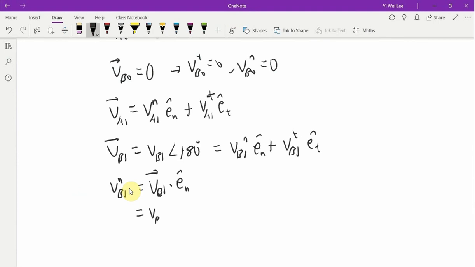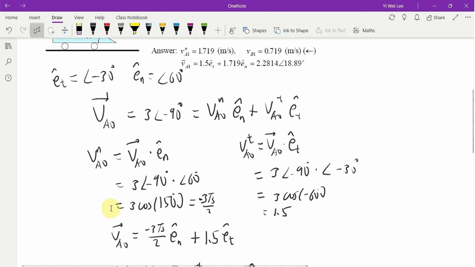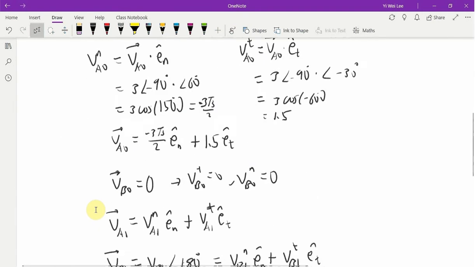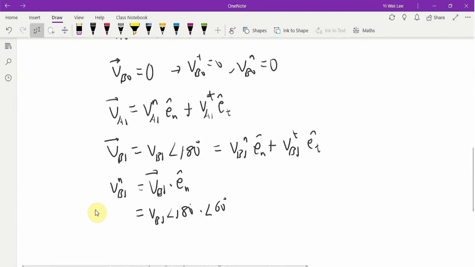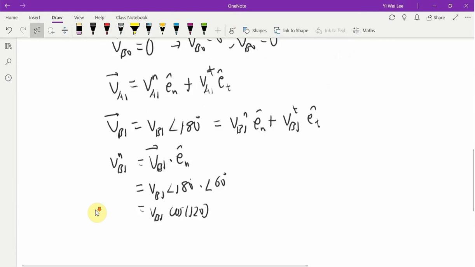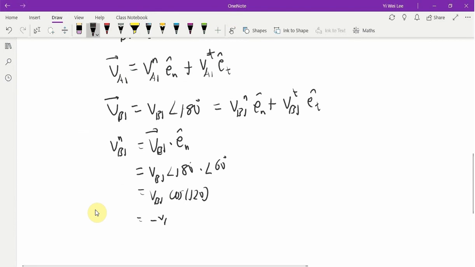And from there, we can get something quite interesting. Direction EN is 60 degrees, as we have denoted. And this means it's VB1 cos 120. Cos 120 is just negative VB1 over 2, because the angle is more than 90 but less than 180.